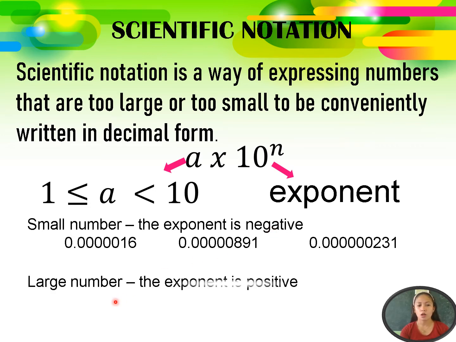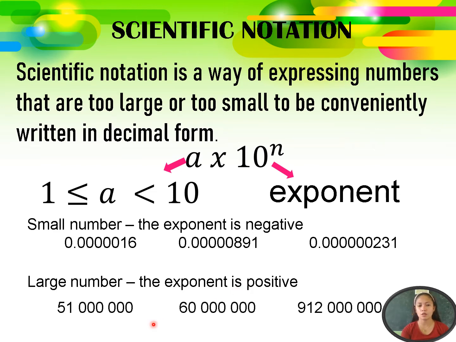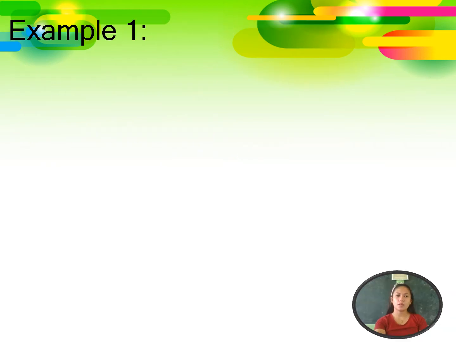For large numbers, the exponent is positive. For example, we have here these numbers, 51 million. We have also 60 million. So these are examples of large numbers. And when you express it in scientific notation, its exponent is positive. Let's have this example.